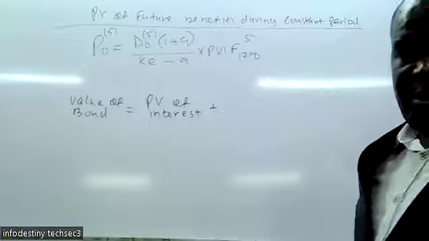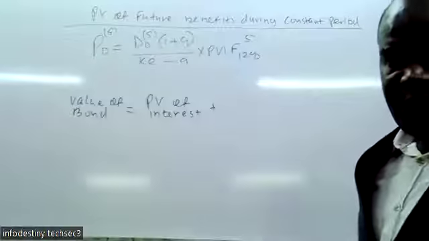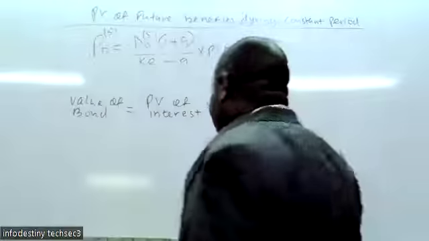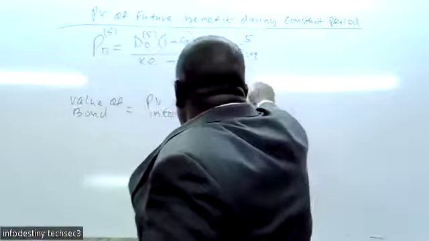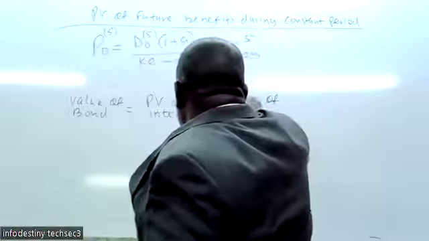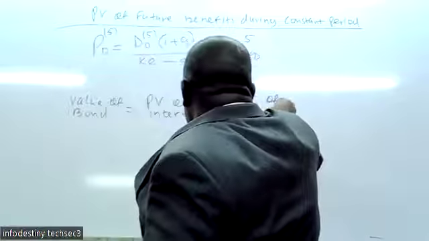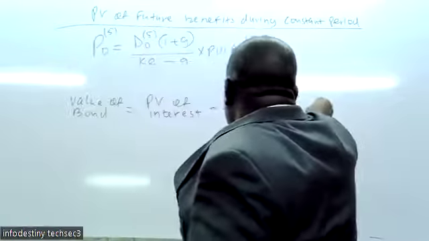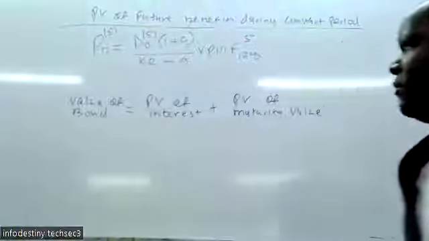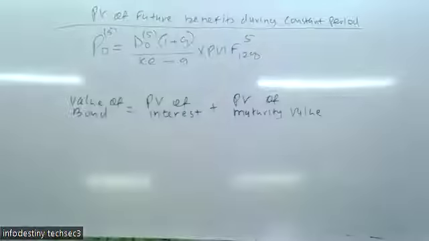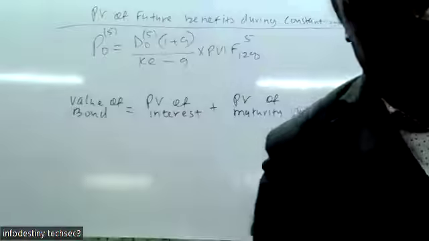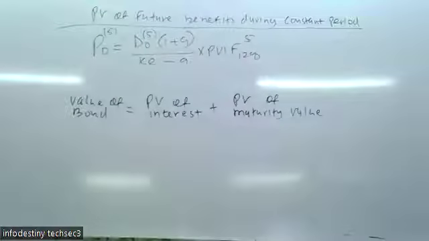Then we add the present value of the maturity value. So when you want to get the value of the bond, simply get the present value of the interest and add the present value of the maturity value.